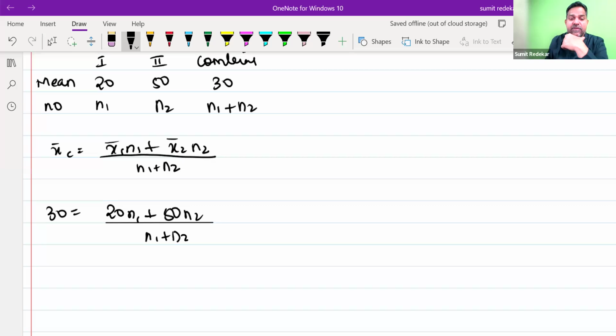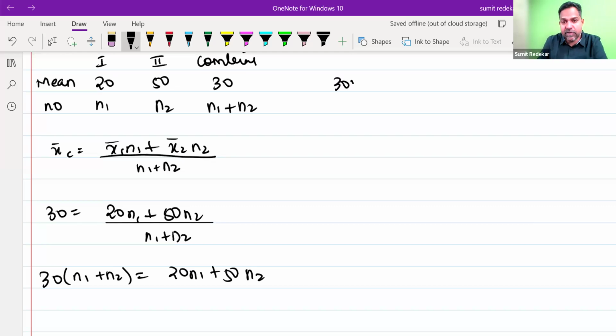Now, I have said this before and I will say it again. You will not be able to find what n1 and n2 are because there are two unknowns. What you might be able to do is achieve a relationship between them. Cross multiply: 30 times (n1 plus n2) is 20 times n1 plus 50 times n2.